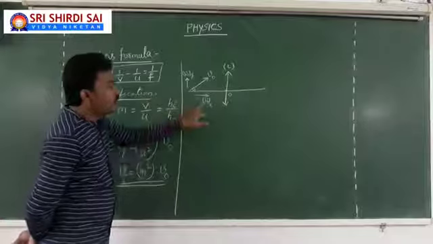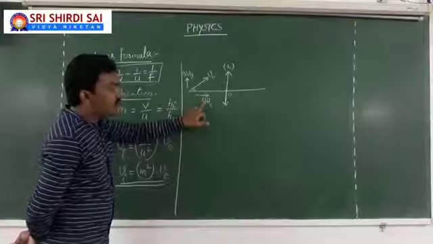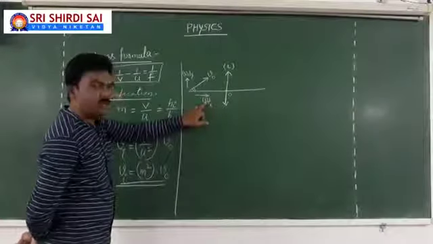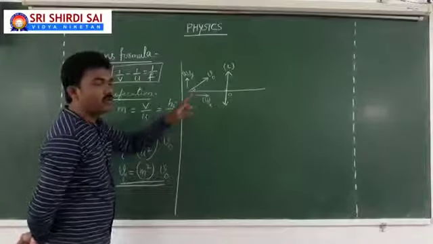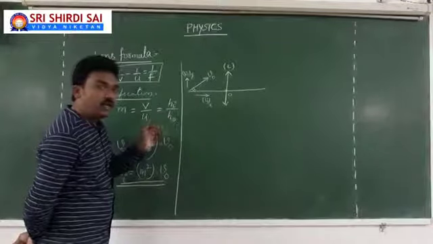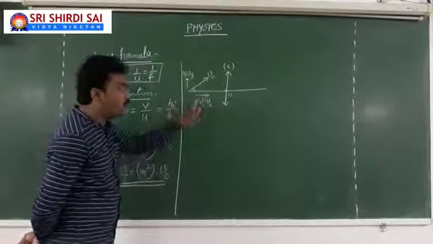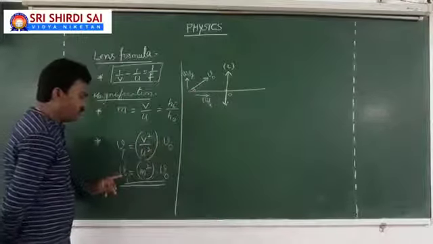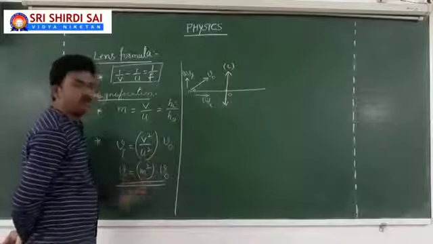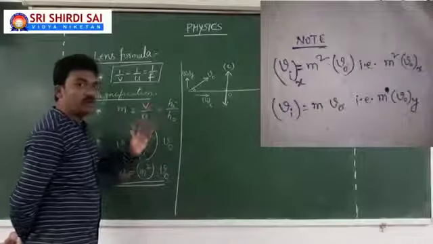If you want to calculate the component of image speed due to this component of the object speed, then your formula will be vᵢ = m² v₀, because your object is moving longitudinally.